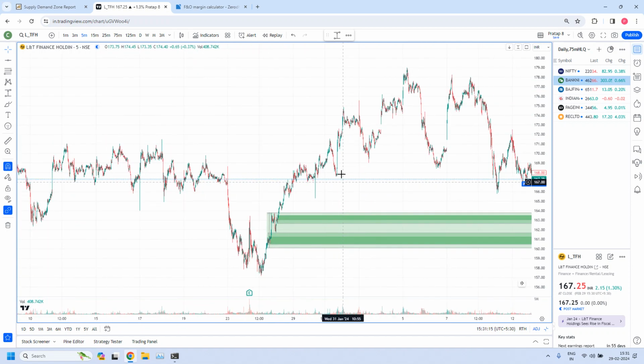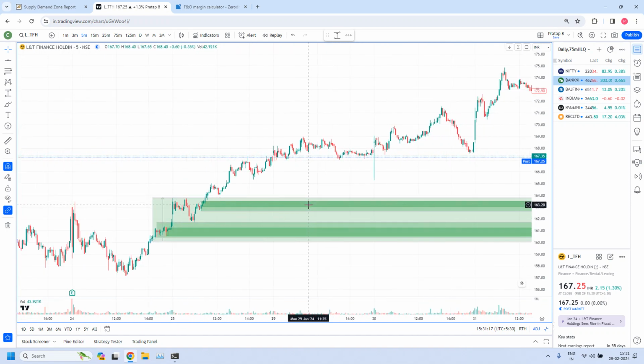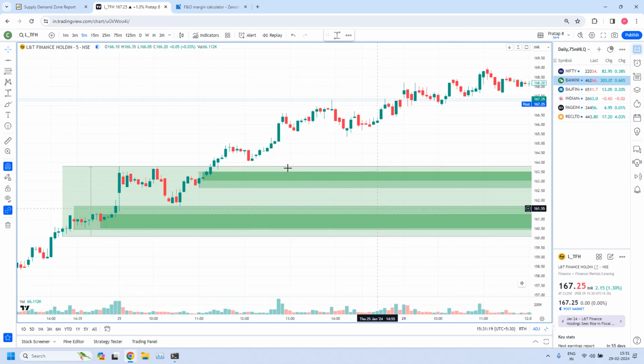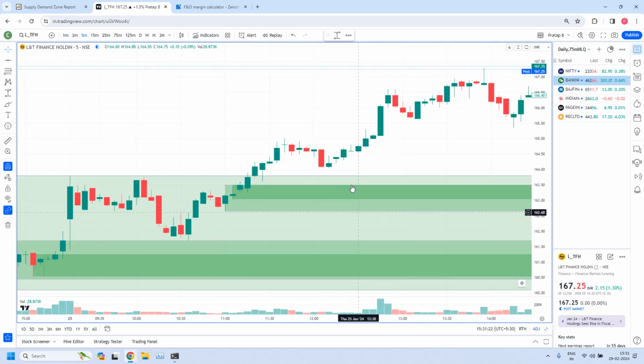So in L&T Financial Holdings, we got the loss. So how much loss did we get? What is the close of this candle?